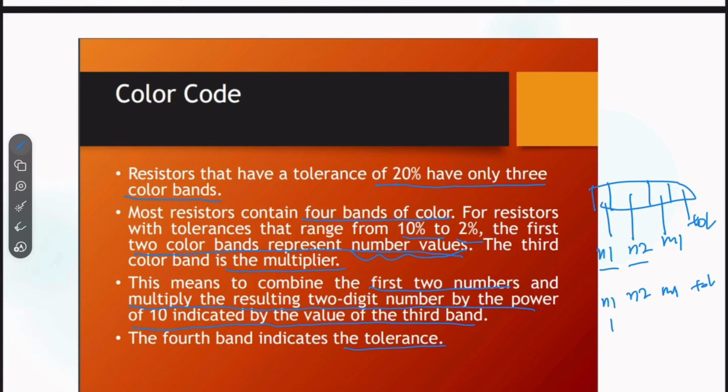So basically, let's say the first one is 1, the second one is 2, and the multiplier is 3, that means we times 1,000. If the multiplier is 2, we times 100. After we get this number, 12 times 1,000, we apply the tolerance, let's say 5%. That's how we read the color code.